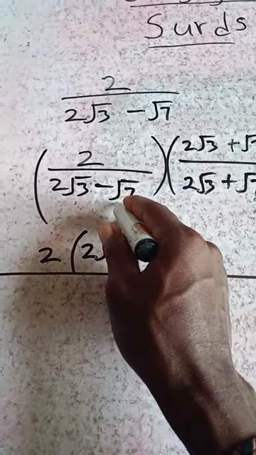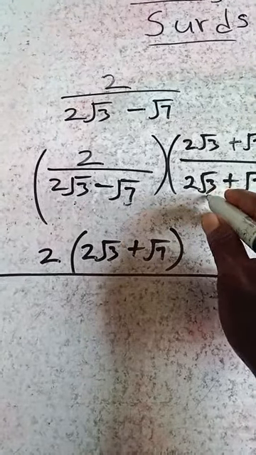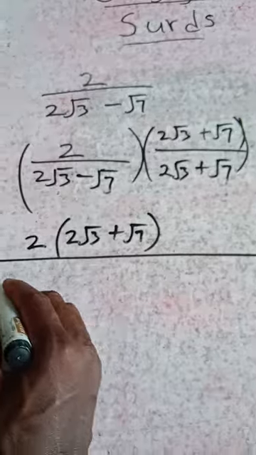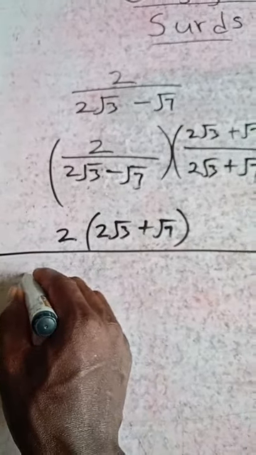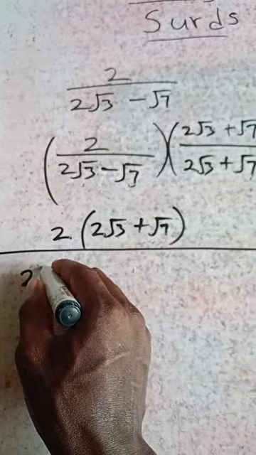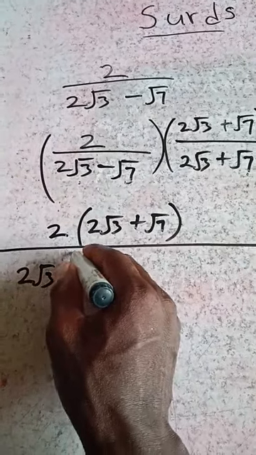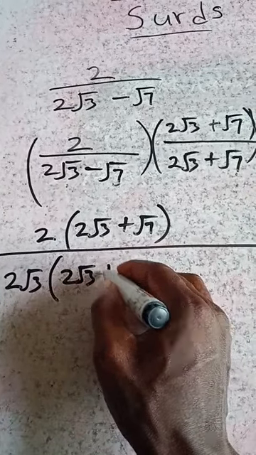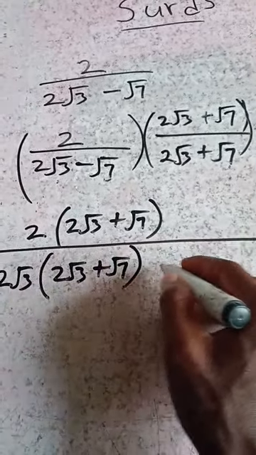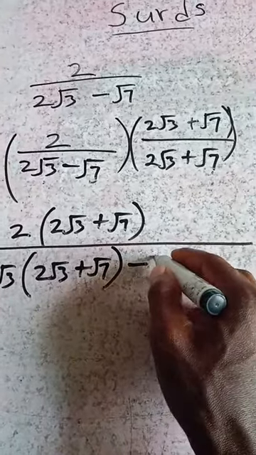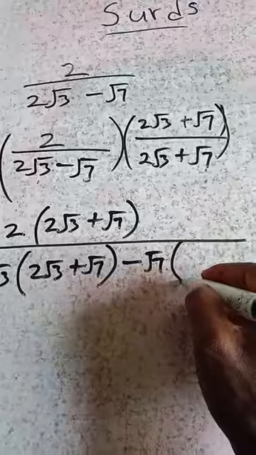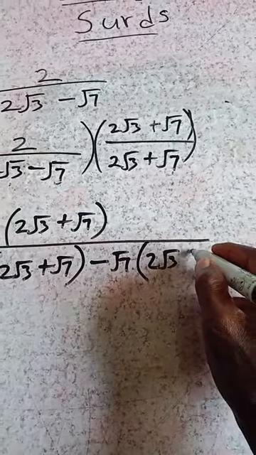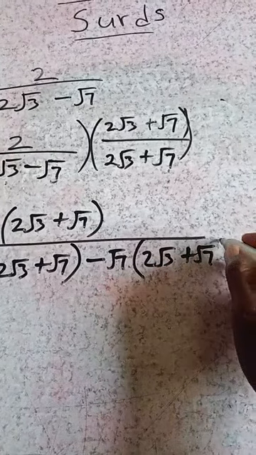Again, minus root 7 will multiply 2 root 3 and plus root 7.